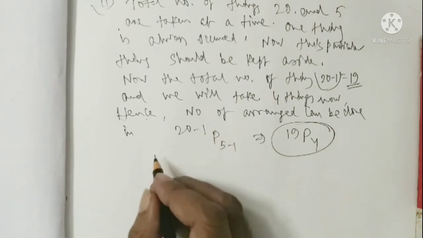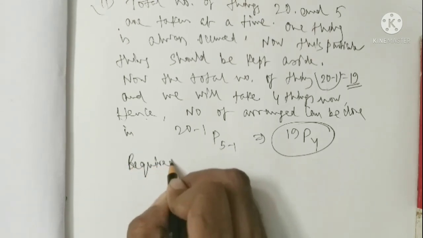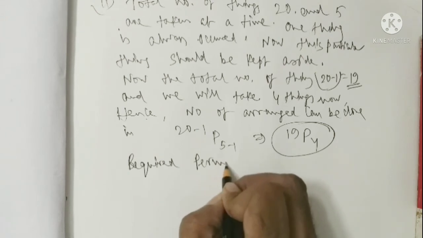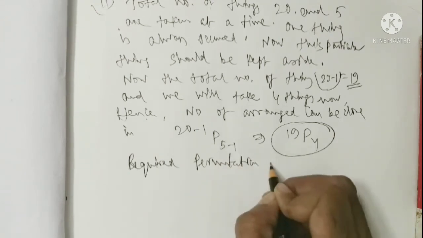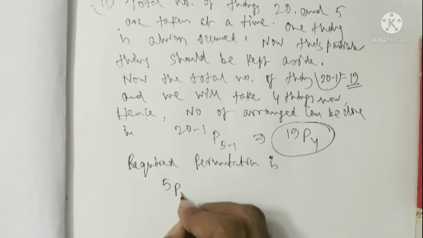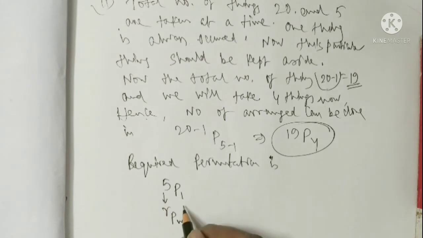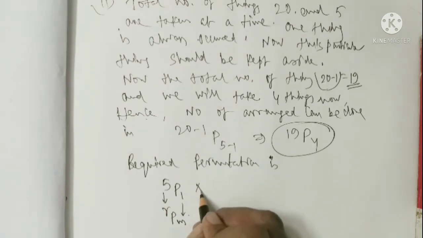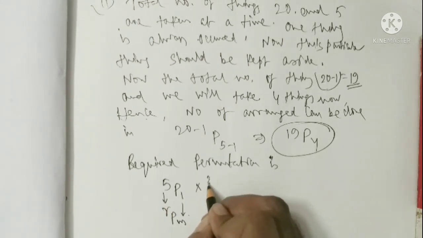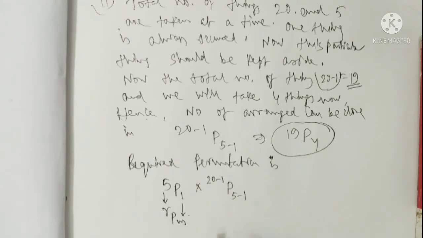That is, the required permutation is 5P1, we discussed the form rPm, this is r, this is m, into 20 minus 1 P5 minus 1.